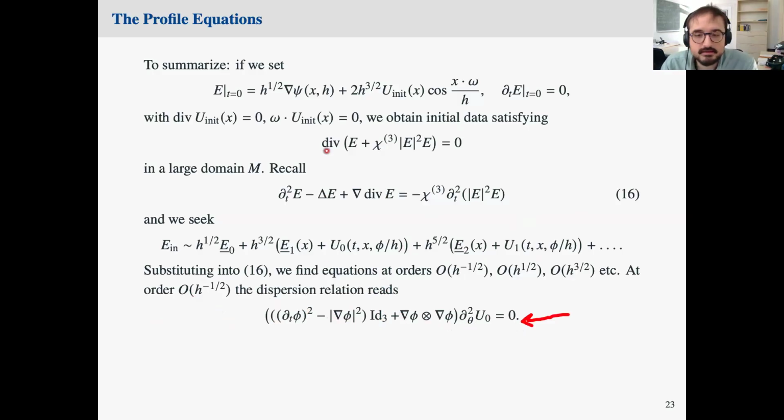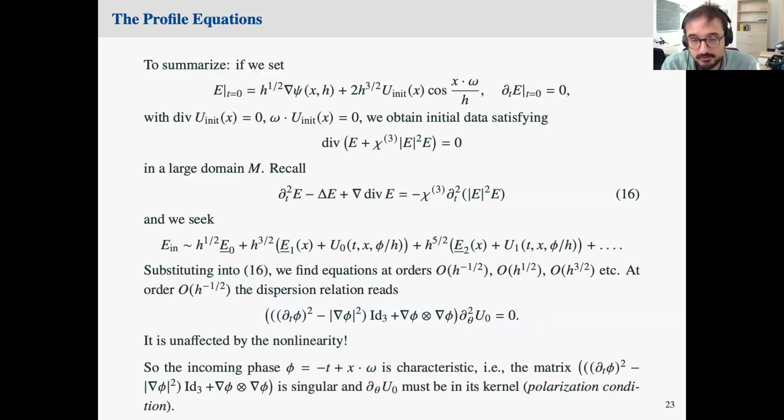So notice that this is a system basically, right? So this is a matrix over here. The gradient of E is a vector, and this is a vector. So this equation, for one thing, is unaffected by the nonlinearity, which is what you would expect. You should expect that the phase should not be altered by the nonlinearity.